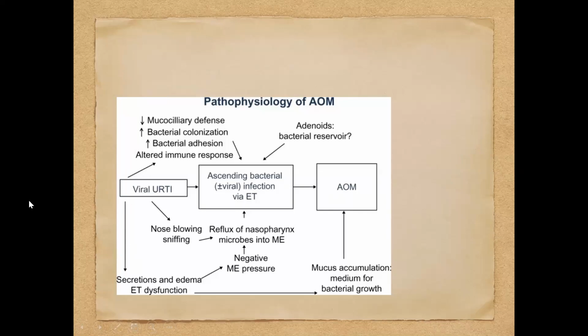Other pathophysiology: secretions and edema, as we have seen, components of inflammation, can sometimes obliterate the eustachian tube, causing eustachian tube dysfunction, and that fluid can get infected.